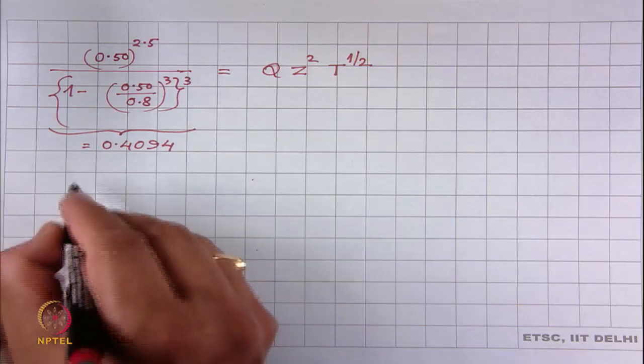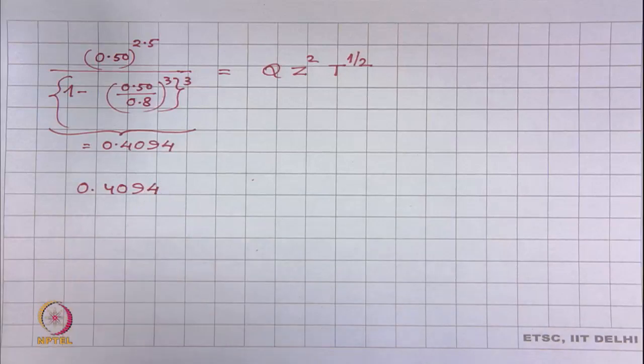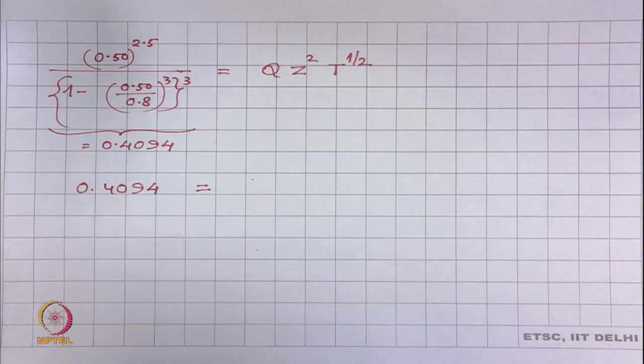Okay. So, 0.4094 equals q Z square T to the power half. What is the value of q?